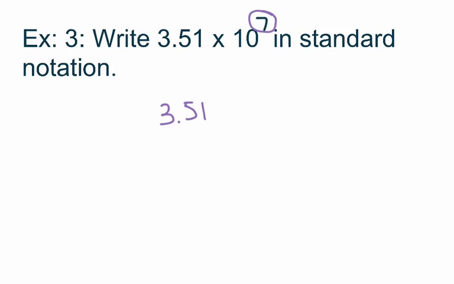Do we want our decimal to go to the left, or to the right? Think about this. Which way would we move our decimal in order to make this number a large number? In order to make this a very large number, we want to move our decimal place over to the right. So I'm going to make 7 ocean waves going over to the right.